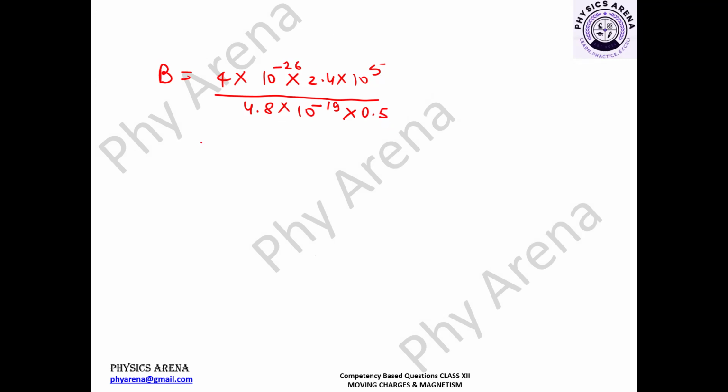When you solve this out, you will get B is equal to 0.04 Tesla. So that is the required magnetic field to be applied for the head-on collision of the charged particles.